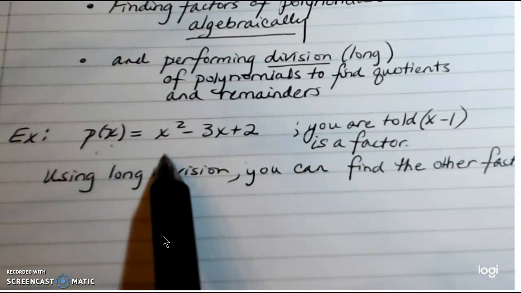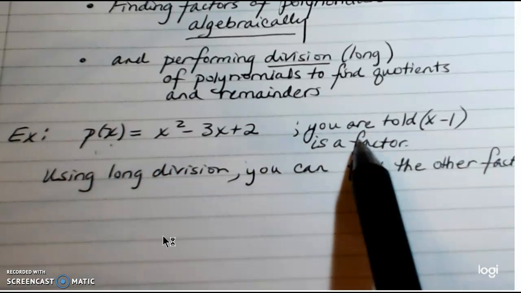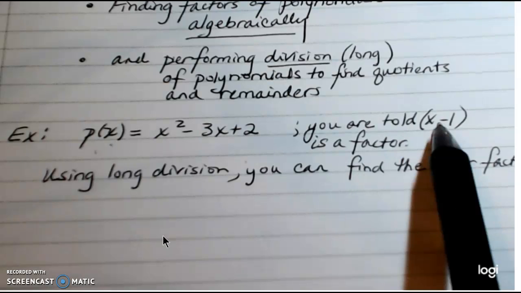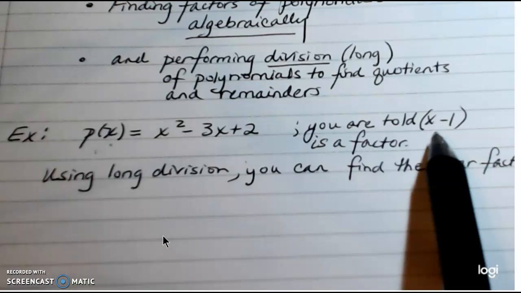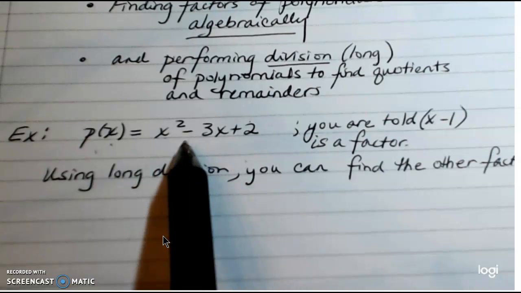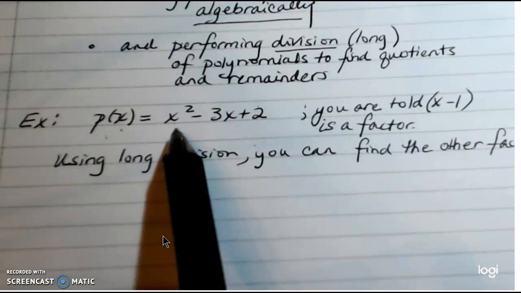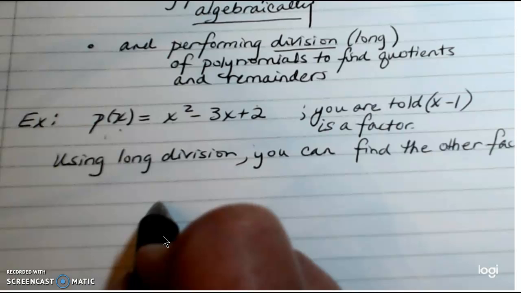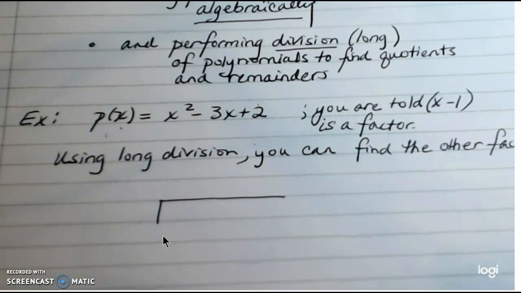It's a trinomial, and you've been told that x minus 1 is a factor, that there is some polynomial times x minus 1 that will generate this polynomial. Now actually this polynomial is pretty easily factored, but we're going to use it to establish an understanding of long division. So you have your division symbol or box.